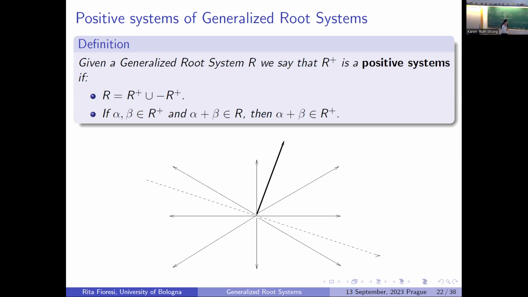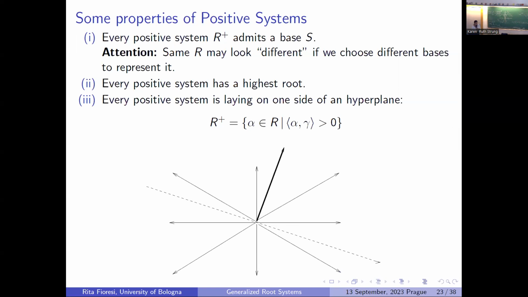And it turns out that in Lie theory, for root systems, all roots are integral positive or negative combinations of a base. And this is true here too. So this puts us in contact with the so-called crystallographic hyperplane arrangement. So you can define a positive system of roots, and every positive system admits a base.